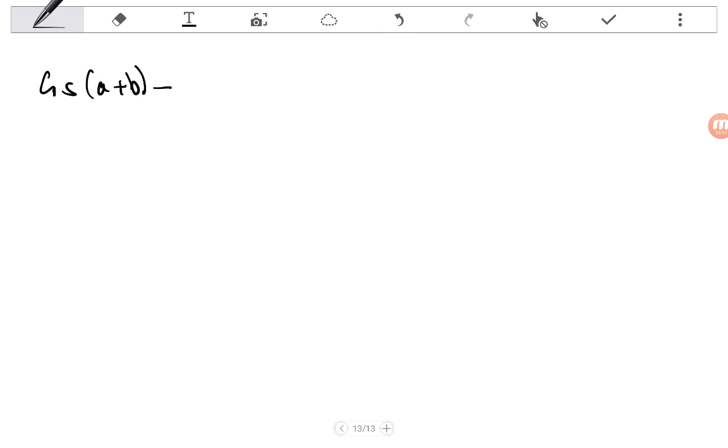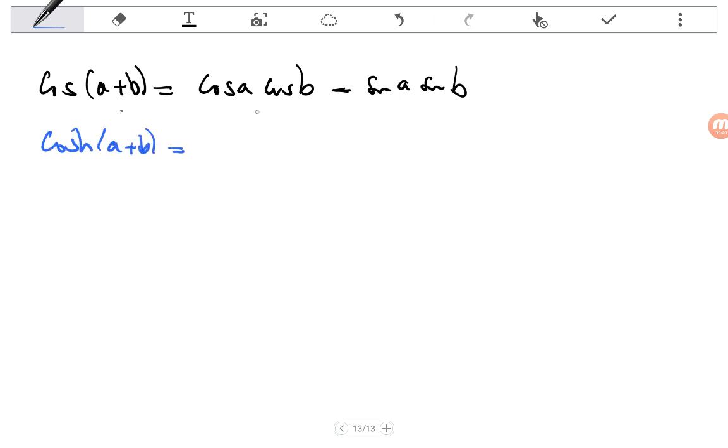All the trigonometric rules that you have learned, for example, cosine a plus b. Do you remember what is the rule of cosine a plus b? It is cosine a cosine b, the opposite sign, which is minus sine a sine b. I need to write the analogous expression, but for the hyperbolic function. It will be cosh of a plus b. Now, do you have here two sines or two tans multiplied by each other?